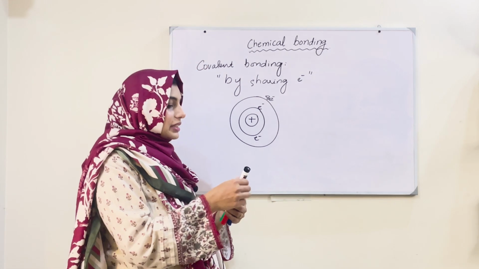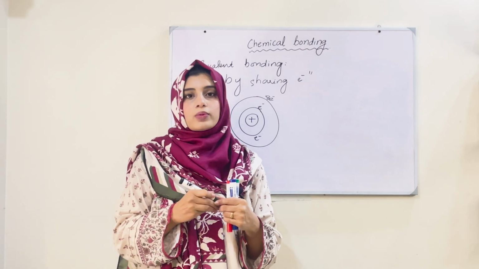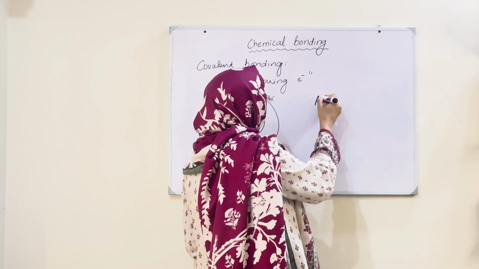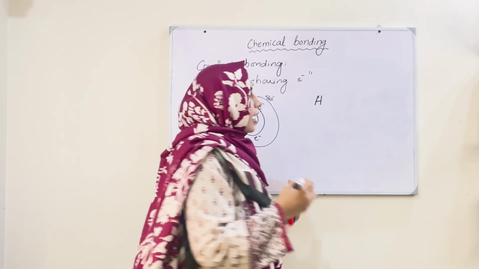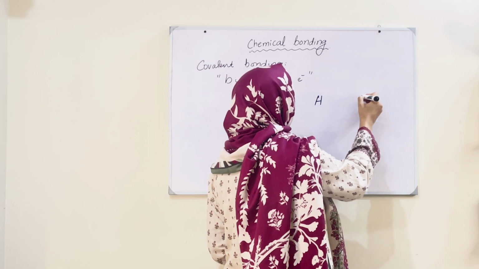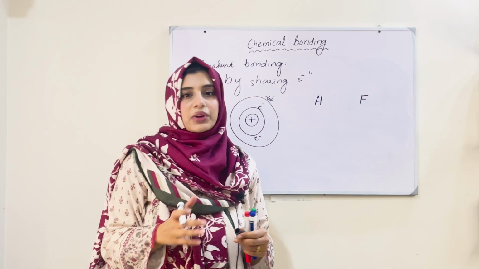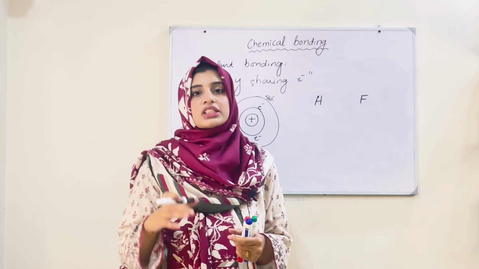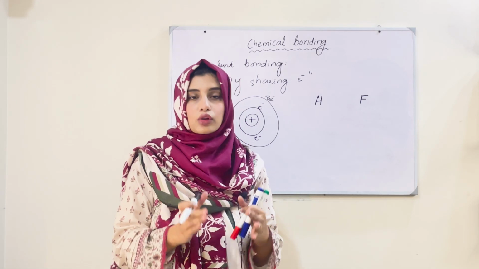Okay, let's have some examples in which we can observe covalent bonding. For example, we have hydrogen and we have fluorine. Previously, when we were discussing ionic bonds, I told you that an ionic bond is formed between a metal and a non-metal.